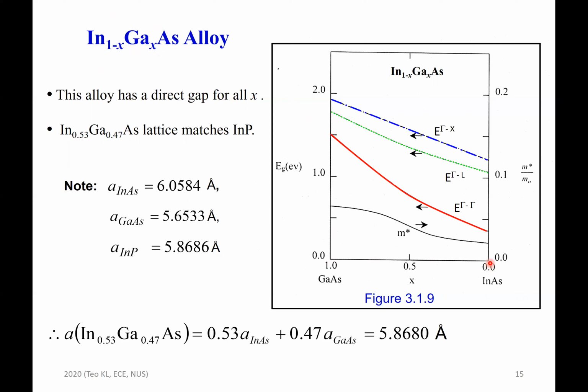Of course, you can flip over and put x equals 0 here and 1 here. It doesn't matter. So let's say x equals 0 here, indium arsenide, and as x goes to 1, you have gallium arsenide at this point. So you slowly change the composition from 0 to 1.